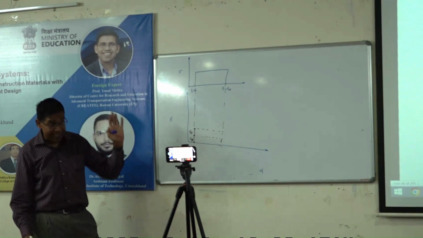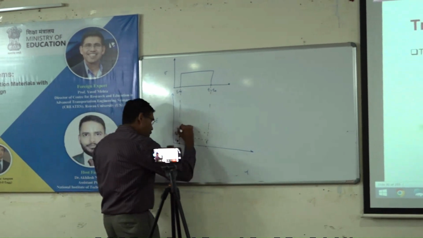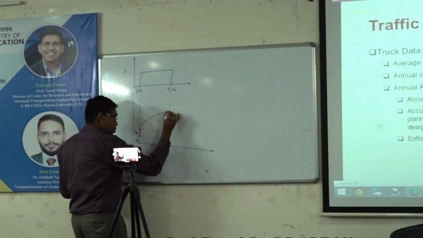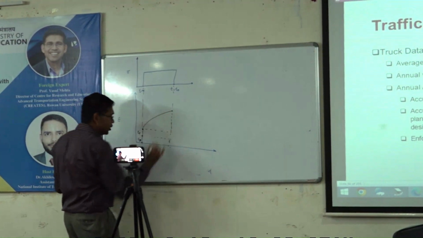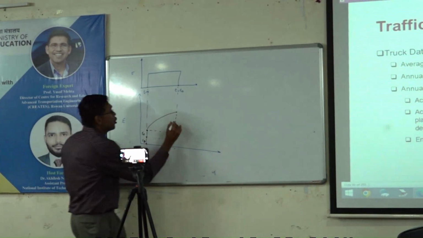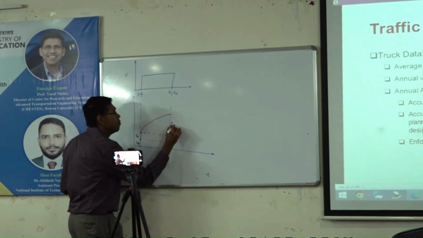Remember, this load is applied and it stays there for a certain amount of seconds or minutes, whatever it may be. So you are going to see another one. This is again exaggerated. And there you will see a time dependent portion, and that's called epsilon VE.